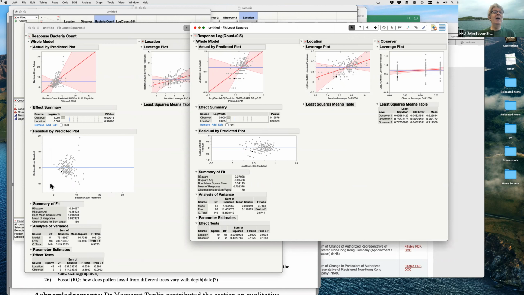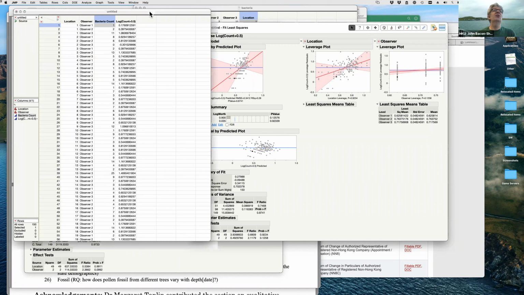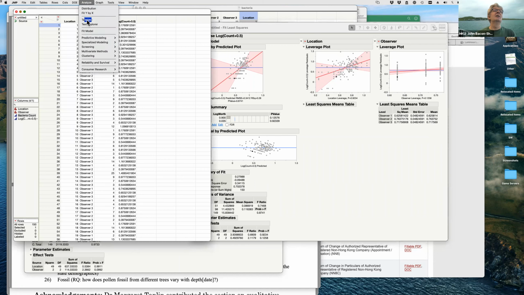Now we've got some odd patterns in both of these because this is integer data. So the integer data means that we can't get certain points on this graph because of it being integer. Anyway, both of these are approximations to what we really should be doing. We really should be using the fact that this is Poisson.